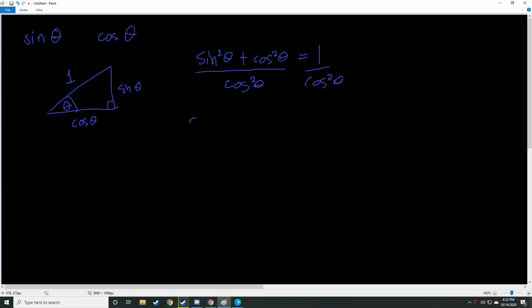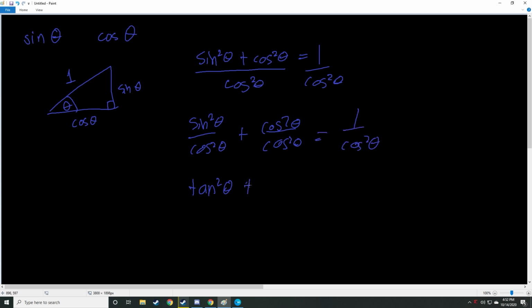Okay, let's do it. So that's sine squared of theta over cosine squared of theta. Remember, sine over cosine is rise over run, so we automatically know that this is going to be tangent squared of theta, plus cosine squared theta over cosine squared theta. That's going to equal 1, right? Which gives 1 over cosine squared theta.